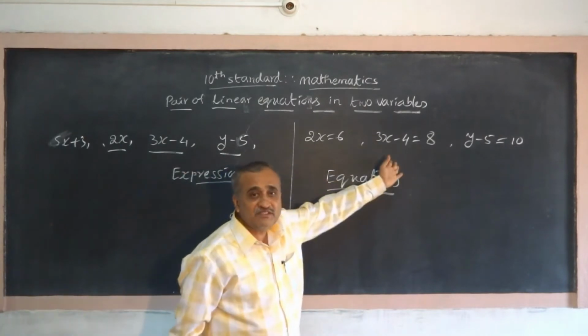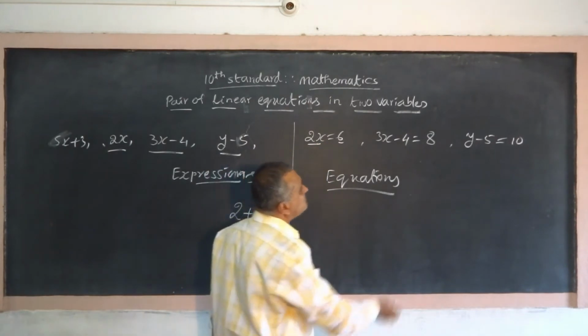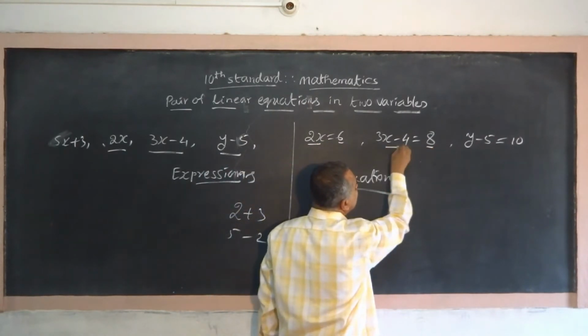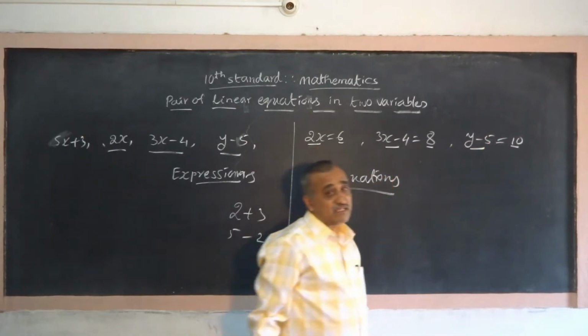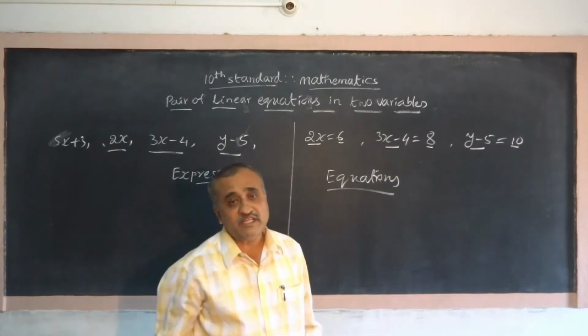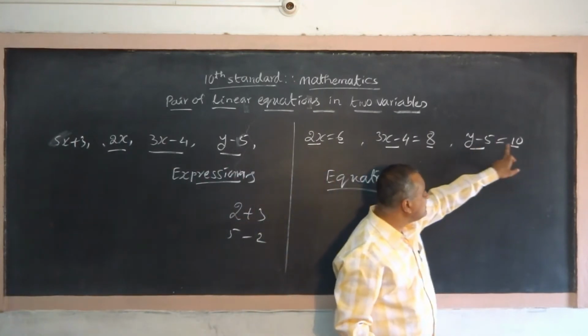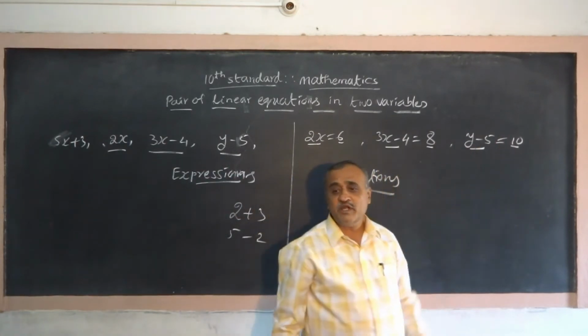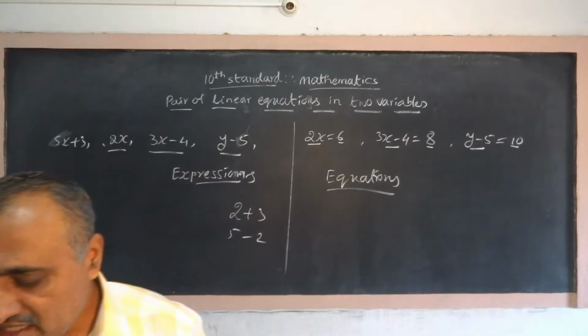What about this? Here it's a numerical expression, algebraic expression, numerical expression, algebraic expression. That means we can notice two expressions here, and in between two expressions we come across what we call equal.